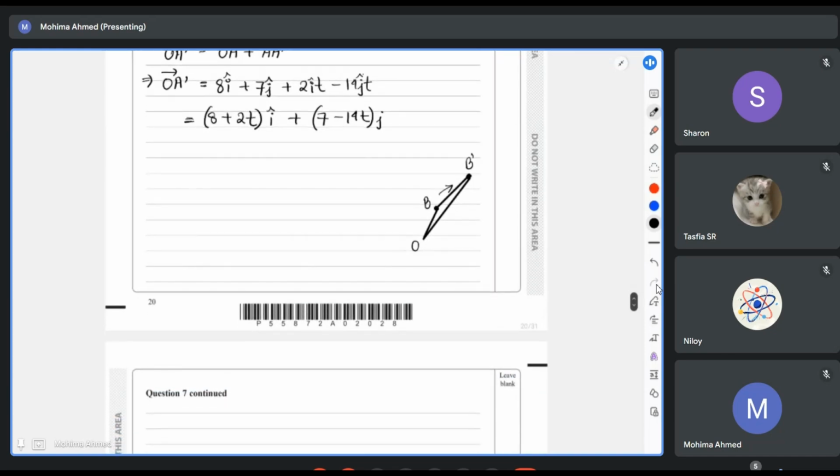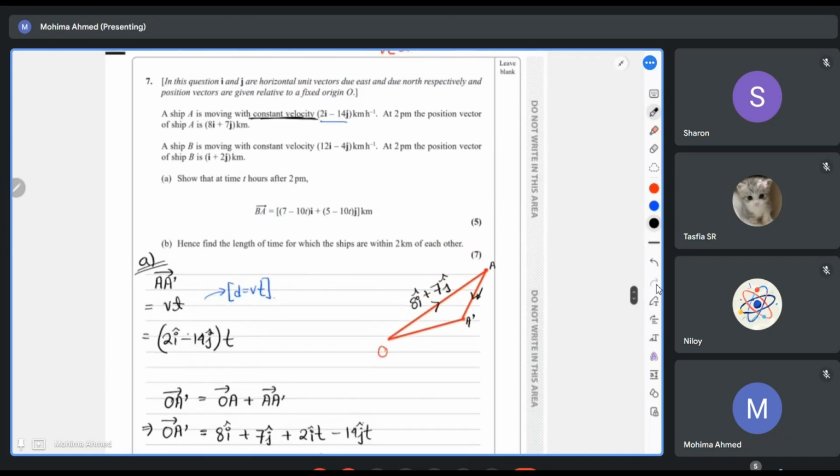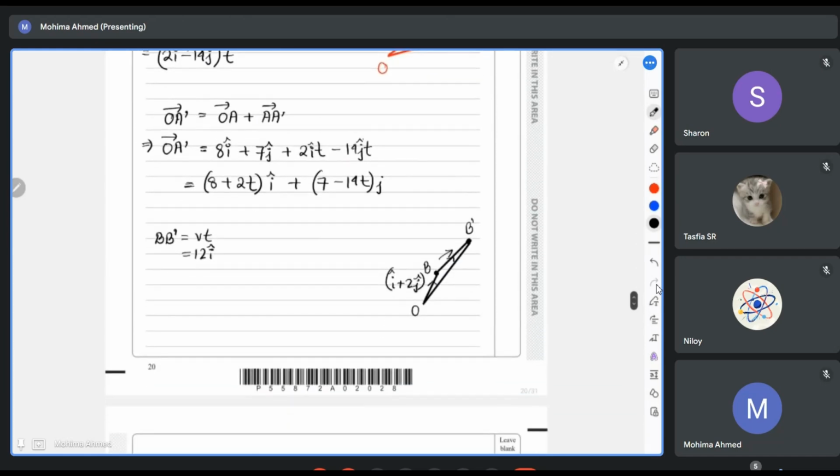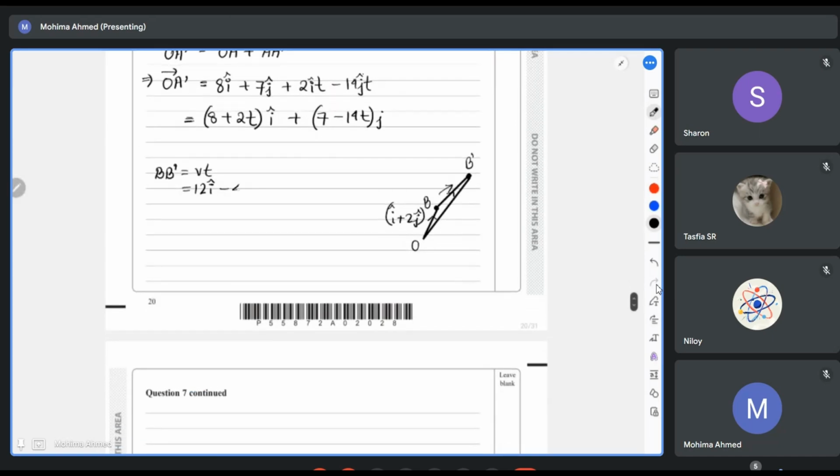So from O to B, this is already i plus 2j, and from B to B prime, this is going to be VT, which is (12i minus 4j) multiplied with time. So that would be 12ti minus 4tj, right, B to B prime.